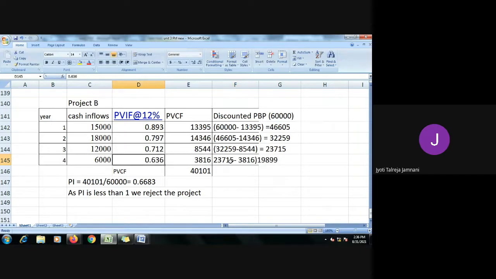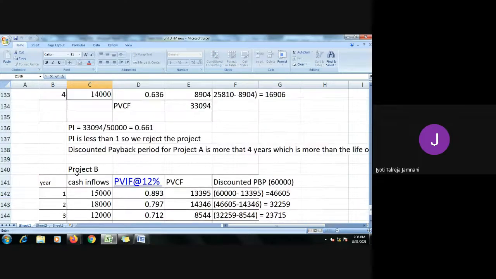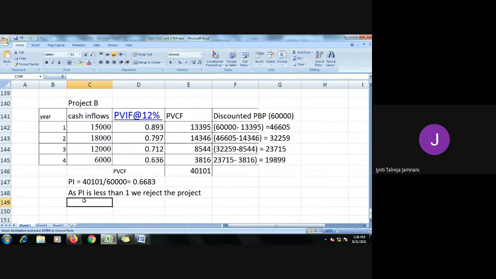So still you can see 19,899 rupees are yet to be recovered. We could not recover the full amount. So this project also should be rejected because the discounted payback period is more than 4 years. So the same thing we will write here. Discounted payback period is more than 4 years.